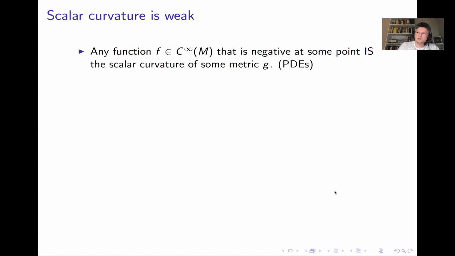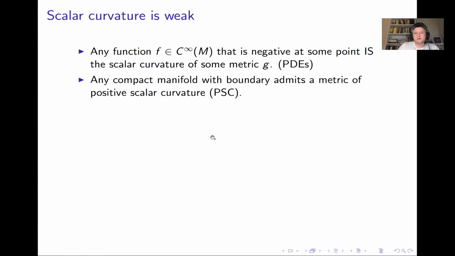So you can get very far into prescribing the scalar curvature. This is something that you couldn't even dream of with that generality for other curvature conditions like Ricci curvature or sectional curvature. But certainly for scalar curvature, you can do that.